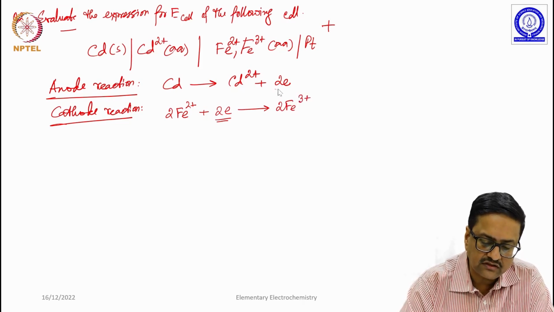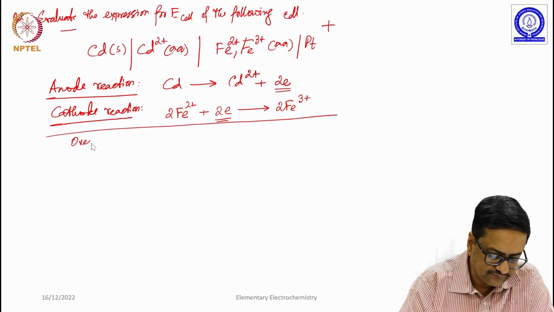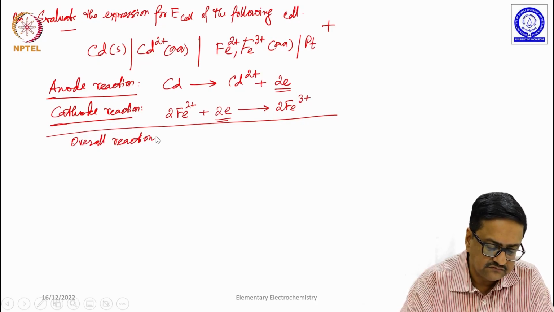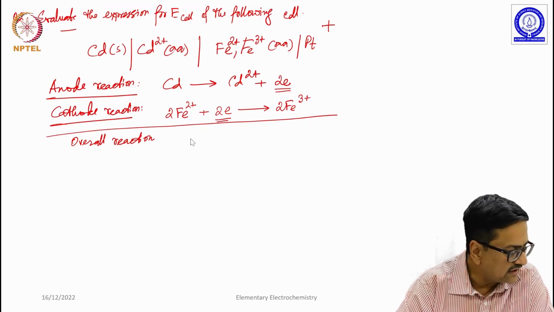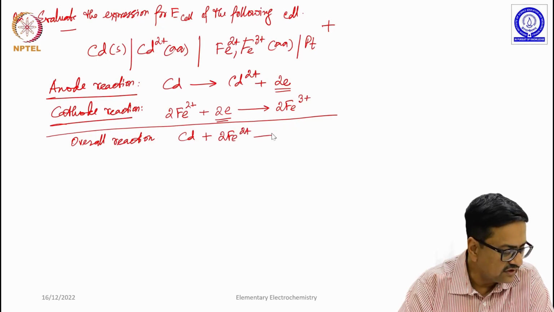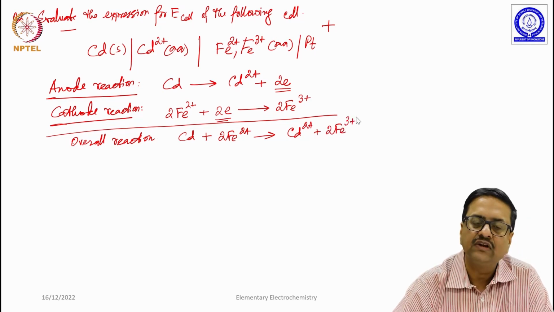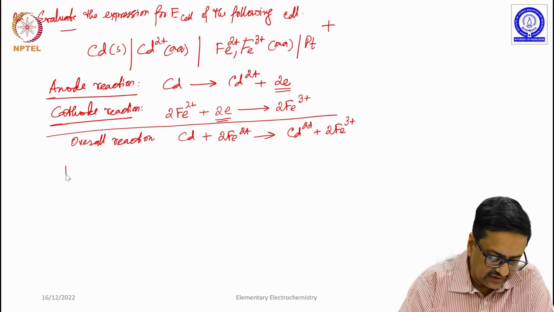We had to make it 2 electrons to balance the 2 electrons. When you write the overall reaction, Cd plus 2 Fe2 plus is converted to Cd2 plus plus 2 Fe3 plus.